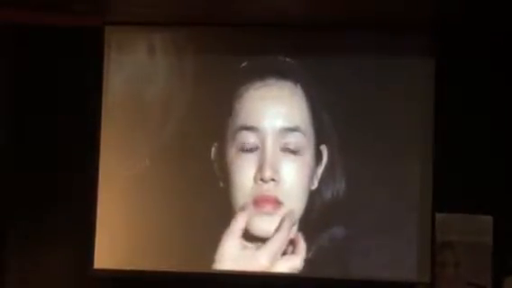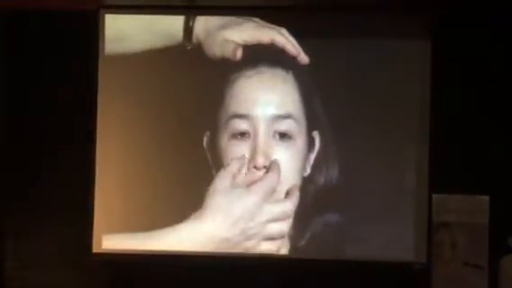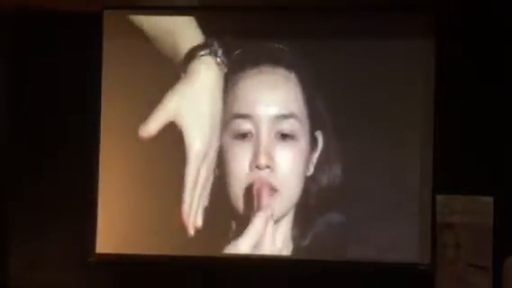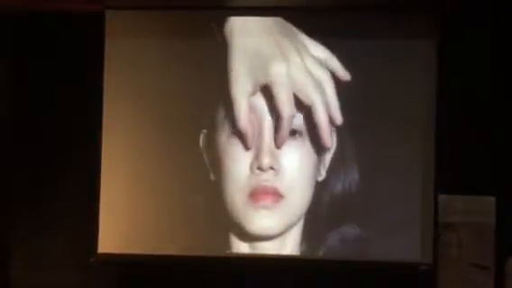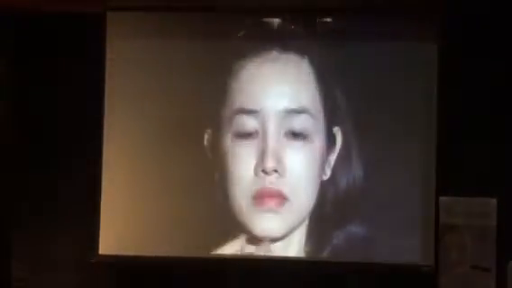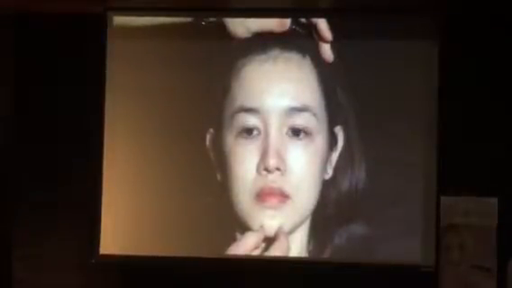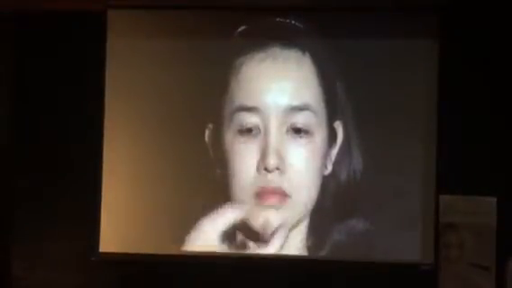And the lips, we need to see the vertical lines. The intercanthal distance should be the same as the width of the nose, and it should be the same as the chin. For her, I think it's a little bit wider in the nasal area, and we need to consider the nose and the lips.